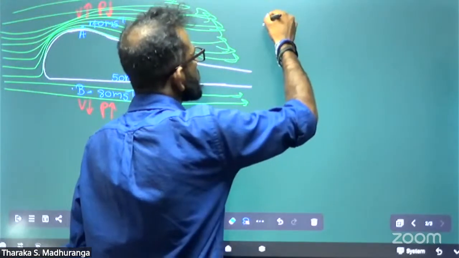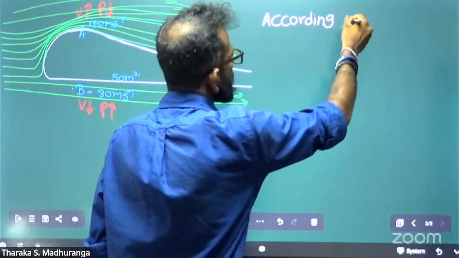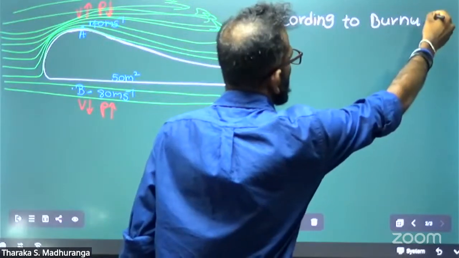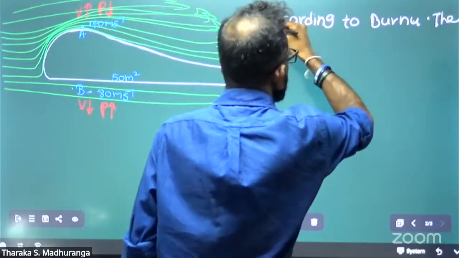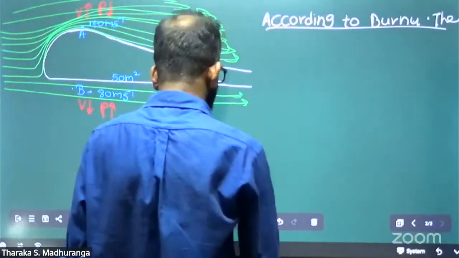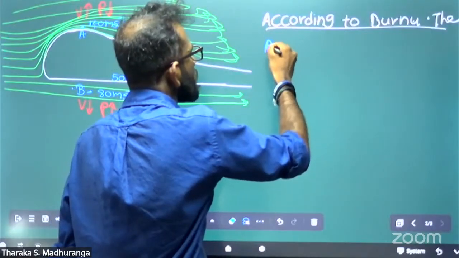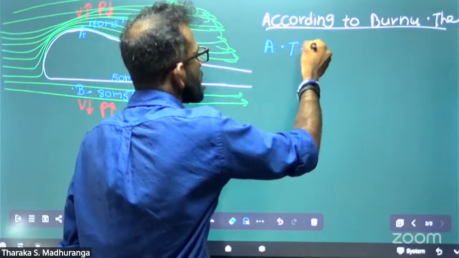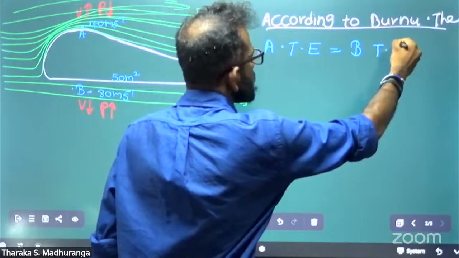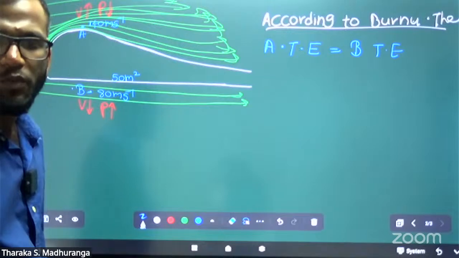According to Bernoulli's theorem, A point total energy at unit volume equals B point total energy at unit volume.